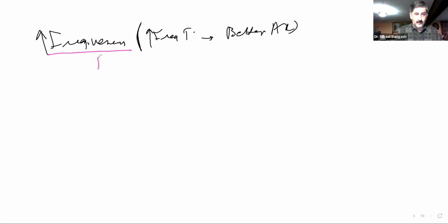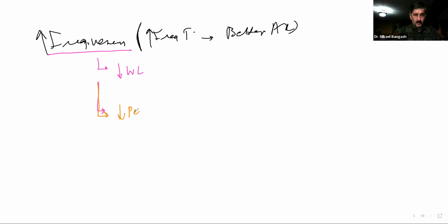What does that do? That leads to a lower wavelength. As you also know, this greater frequency also leads to a lower period. But here it's mainly the wavelength that we will be talking about.